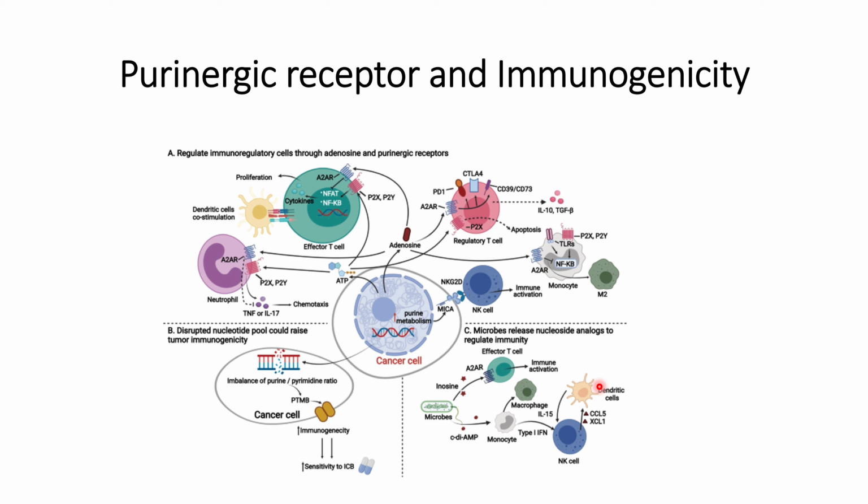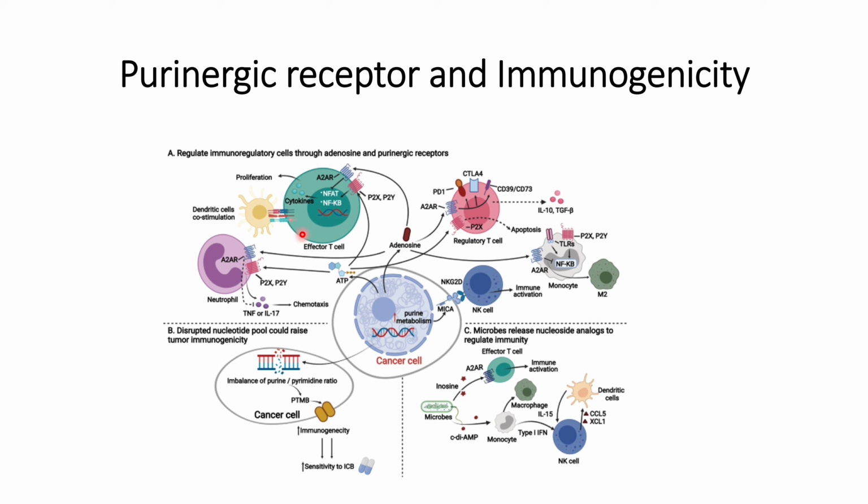And when there is a lesser amount of these microbes, the dendritic cells will release IL-15, that will suppress, or we can say deactivate, the NK cells. Thereby the dendritic cells and NK cells act as a feedback loop, so that they can control the overexpression of NK cells or the dendritic cells.